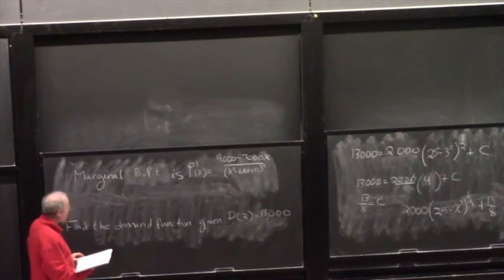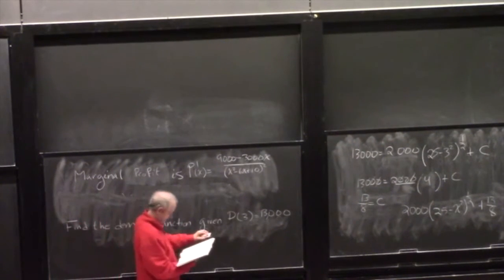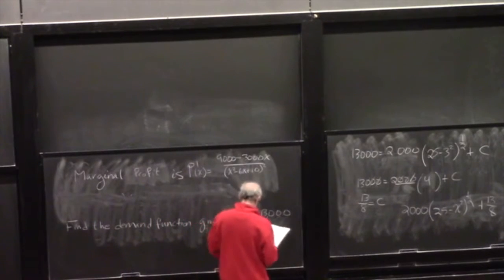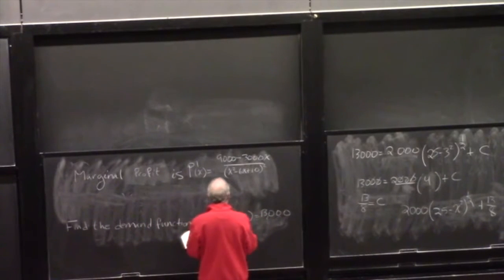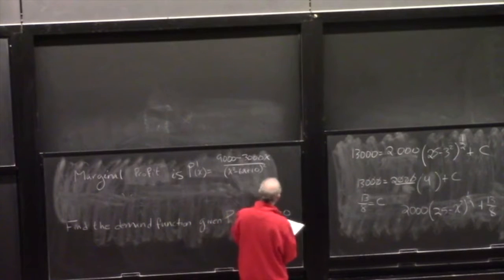Find the profit function given that p of 3 equals 1,500.